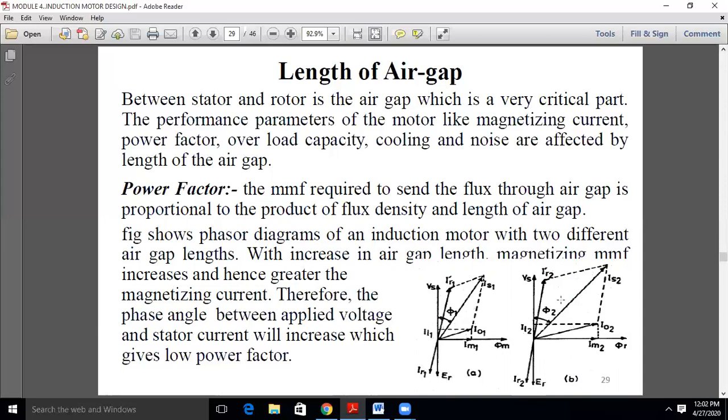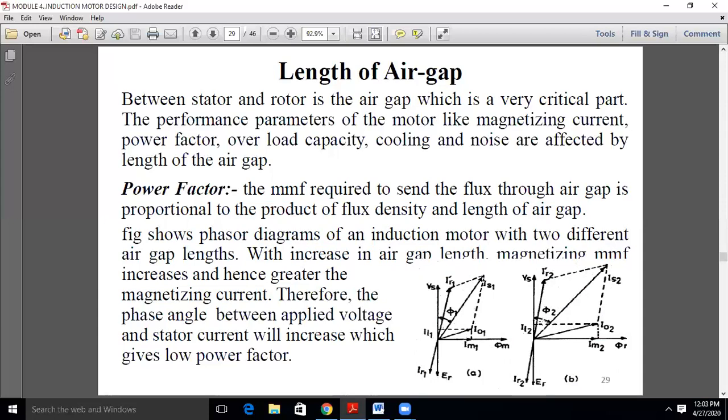So in this case, whatever the IS1 and IS2 are there, the rotor current also increases. So from this phi 1, it is phi 2. So phi 2 is increasing, whatever the phase angle is there, it is increasing.